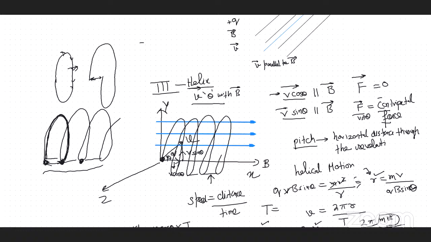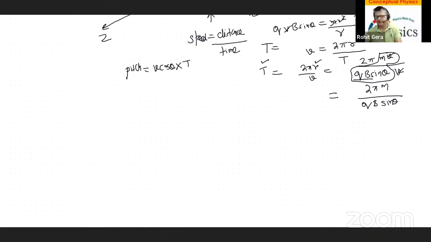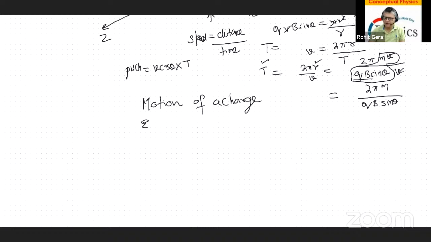Okay, and also in some scenarios what happens is, ये भी हमने discuss करा था. So the question can be motion of a charge when both electric field and magnetic field are present and perpendicular. So E is perpendicular to B. So you have a mechanism to accelerate the charge through a potential difference.